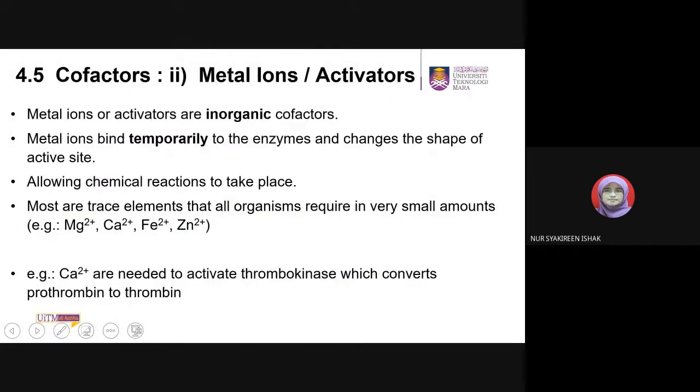Okay, so the second type of cofactors are metal ions, or we can also refer to them as activators. Metal ions or activators are inorganic cofactors. How do you know that a certain molecule is organic or inorganic?